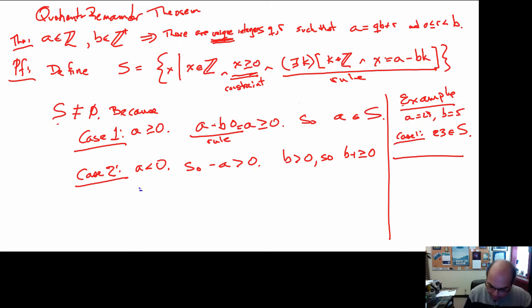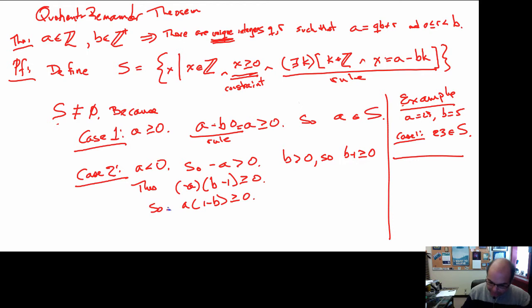I can conclude that minus a times b minus 1 must be greater than or equal to 0, since I have a positive number times a non-negative number, which has to be non-negative. This means a times 1 minus b must be greater than or equal to 0.